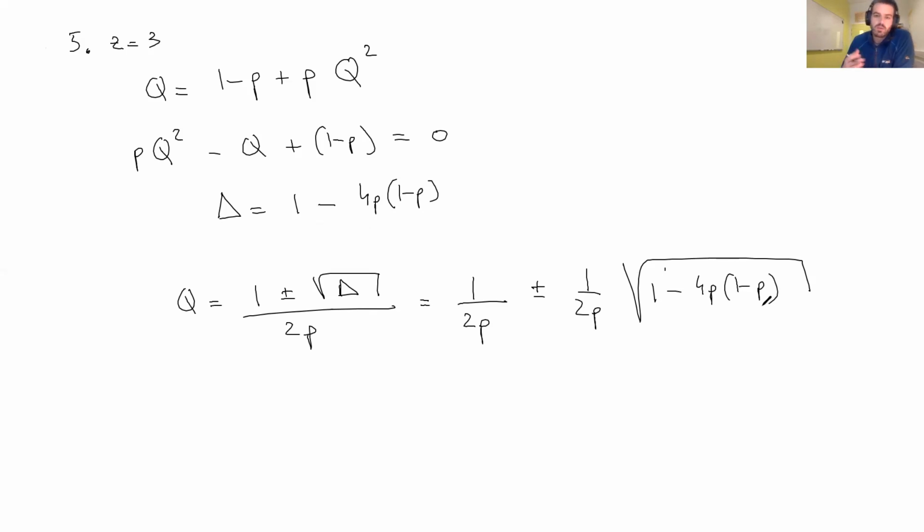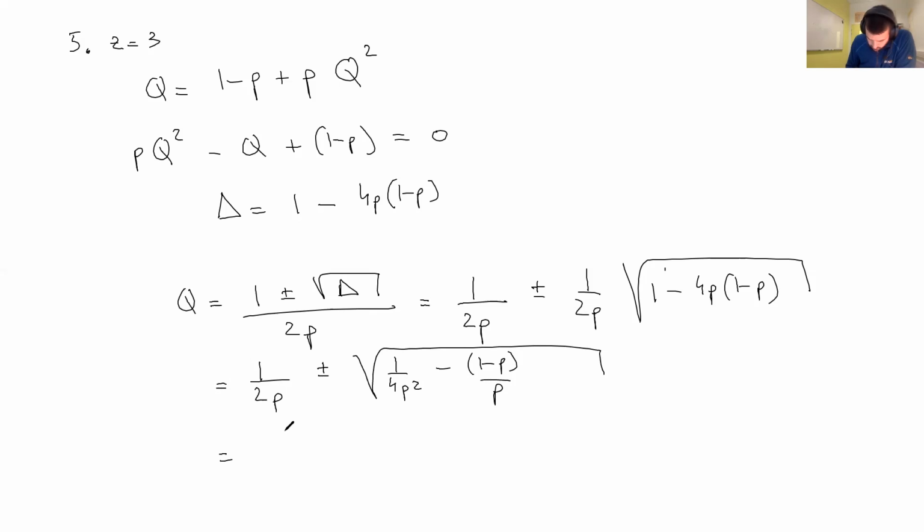So I can just massage this expression a bit by entering, for instance, this guy inside the square root. So I have 1/4p squared minus (1 minus p) over p. And there, if I work on this, let us see. So we have the square root of 3 terms, minus 1/p plus 1.